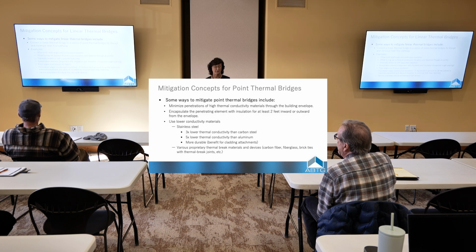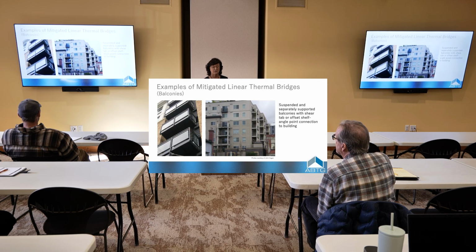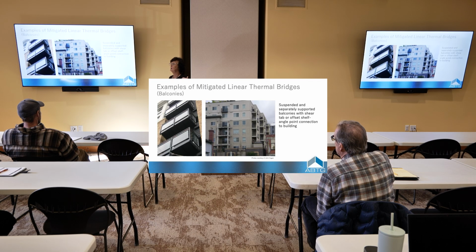What is a linear thermal bridge? It's more than just a floor intersecting a wall, right? Offset brick shelf angle, offset furring, fenestration interfaces, floor edges, foundation edges. They go into pictures of, instead of building your deck through it, build the deck on the outside of the building so you don't have that thermal bridge through the building, right? I see this too.